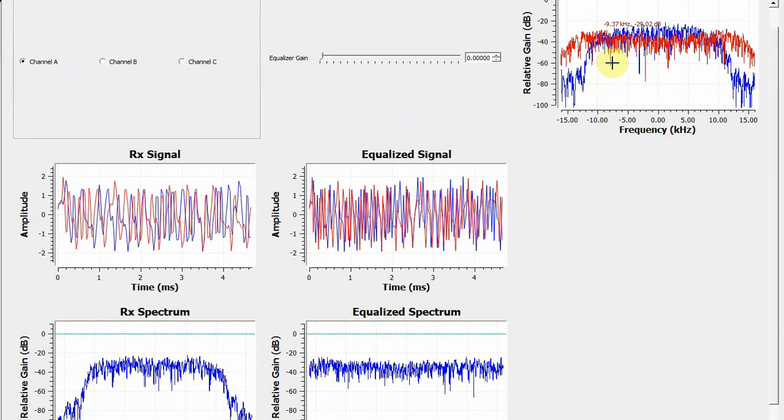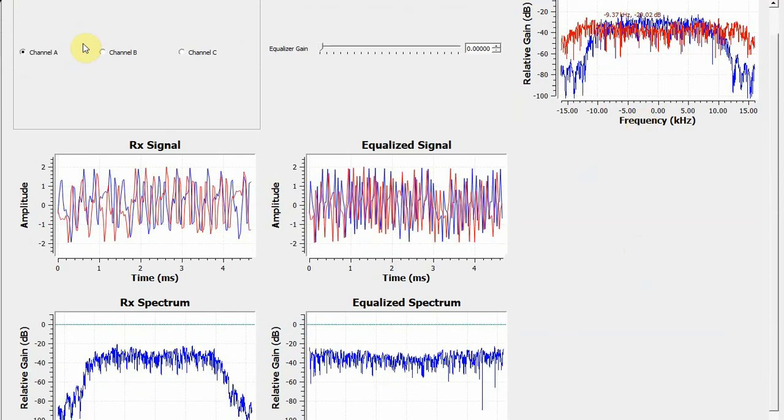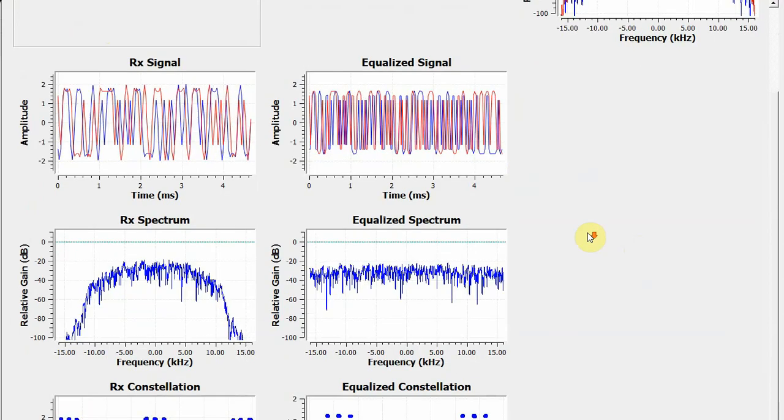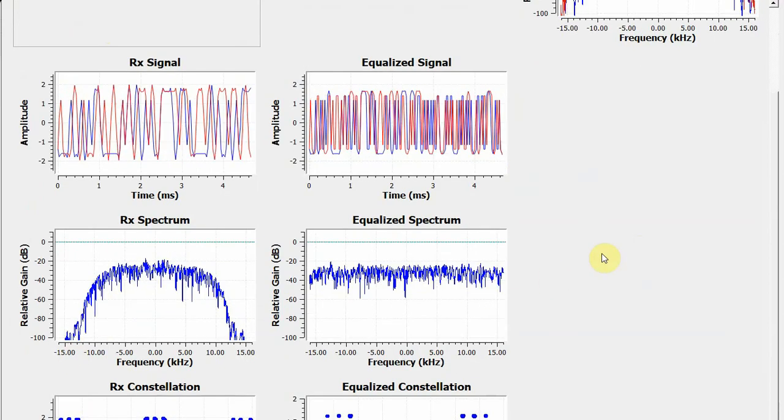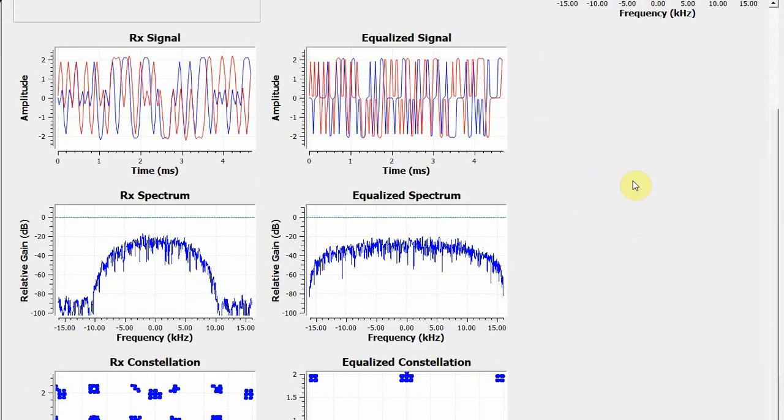The received spectrum is given by the product of these two. That's why this is the received spectrum in this case. In the case of channel B, the received spectrum is visibly distorted, and in case of channel C, it is quite distorted.